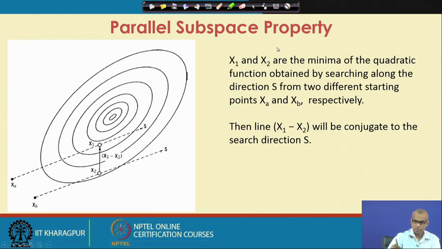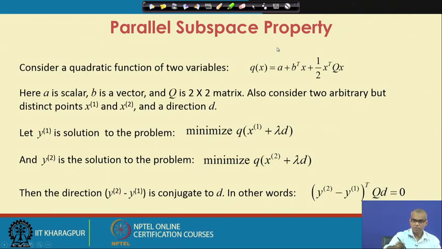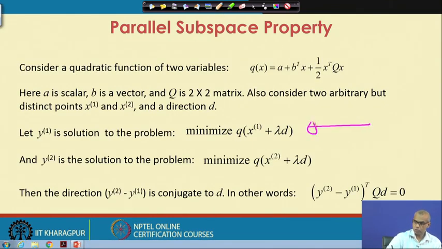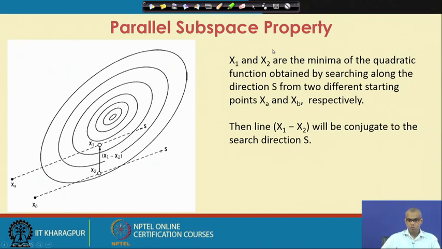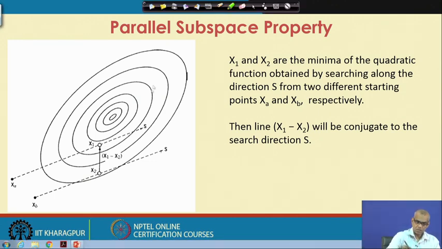So, this is basically our solution to these two problems. Now, starting from x a and performing unidirectional search along the direction s, I have obtained x 1.